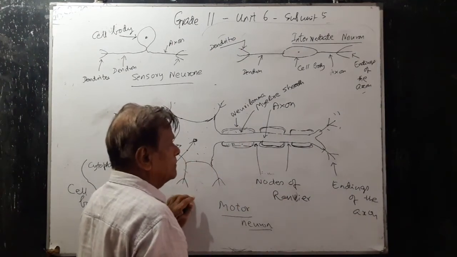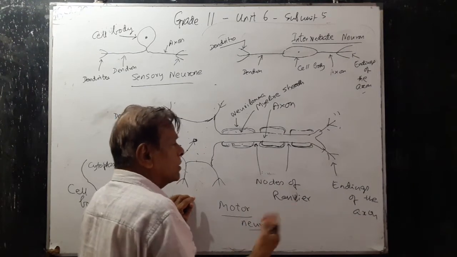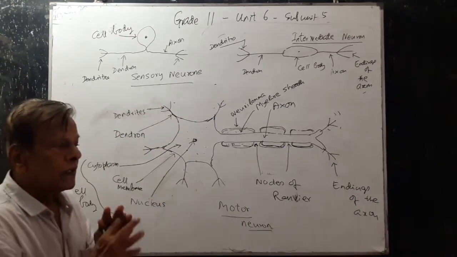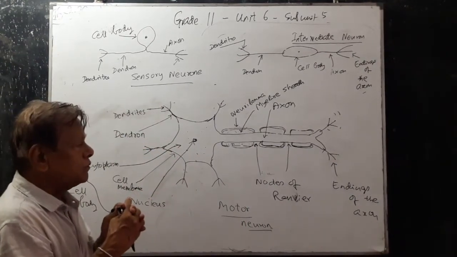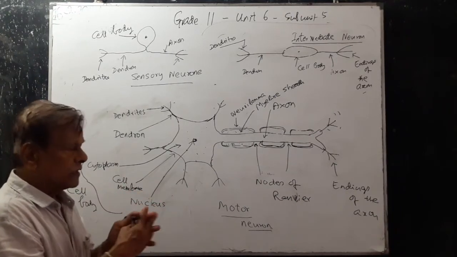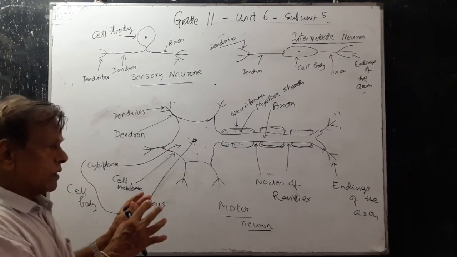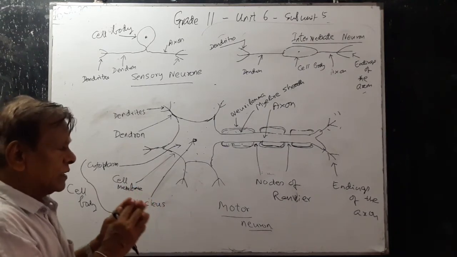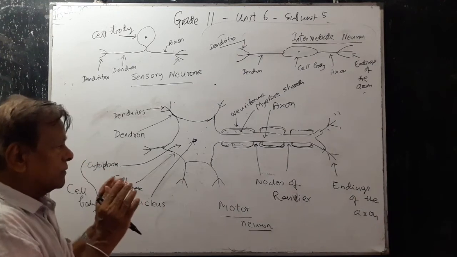Response is done by muscles or glands. Muscles are contracted and make a movement. Glands secrete some secretion according to the type of stimulus.